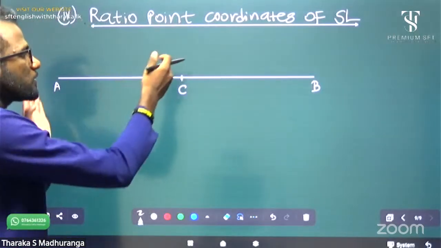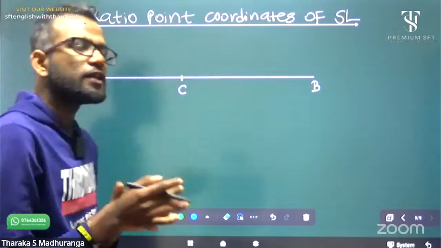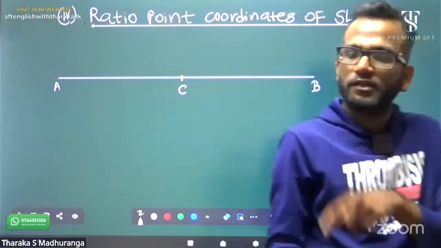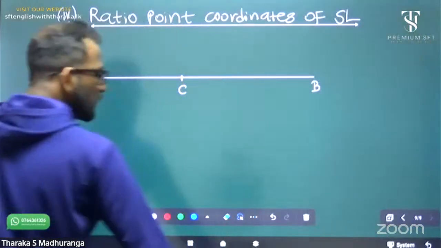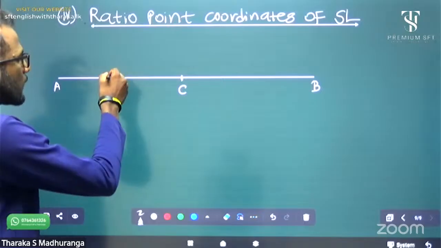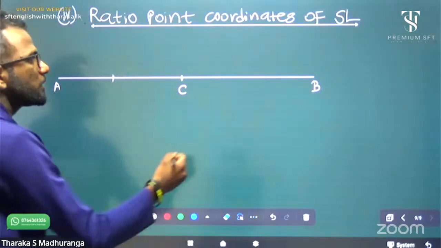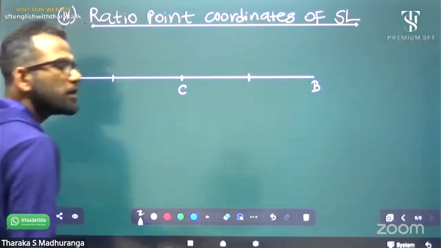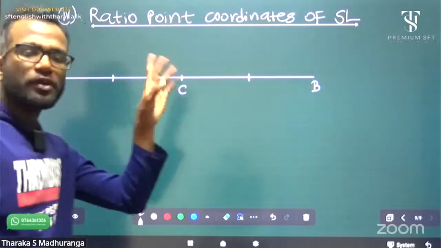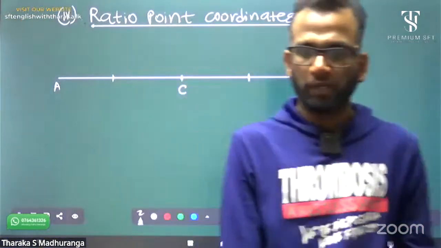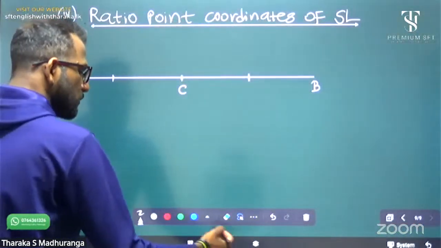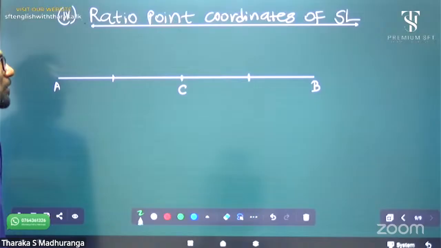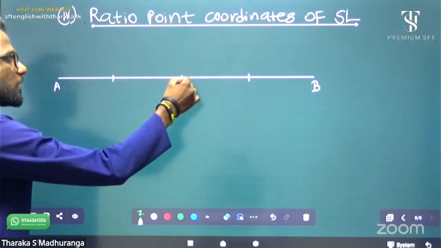Now the straight line is divided into two identical parts. If I divide this straight line into four identical parts, these cutting points we call ratio points.